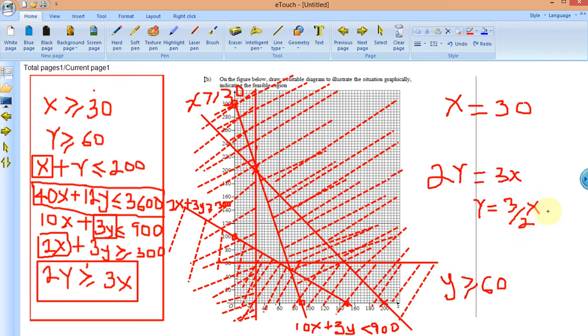Let's just say plus 0 because there's nothing else. 0 is the additive identity. Now it's of the form y equals to mx plus c. From here, the m there is 3 over 2. That is the gradient.